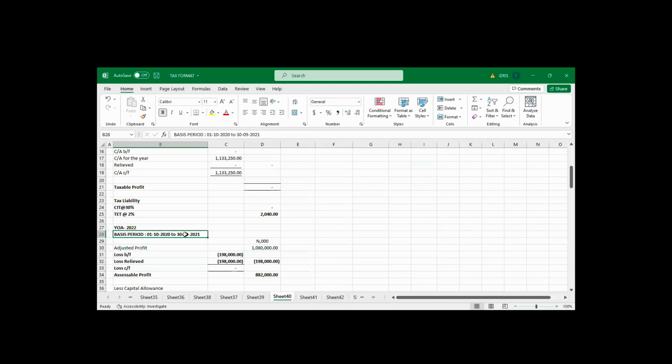Second year, end 30th September 2021, preceding year basis. You know, this year of assessment is 2022. That means the basis period must end in 2021, based on the accounting year end of the company. Do you understand?